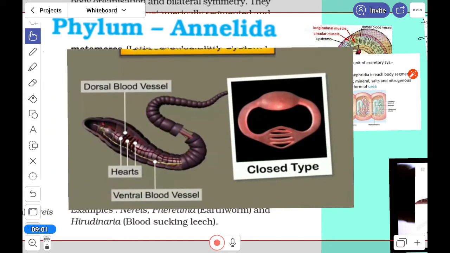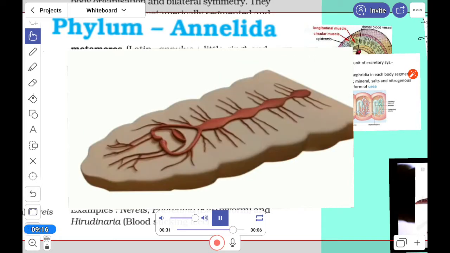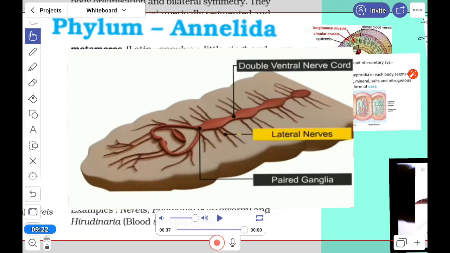Here the closed system has already been discussed. You can see the nephridium, which is found in every segment. Here you can see the paired ganglia, the ventral nerve, and the lateral nerves are also there.